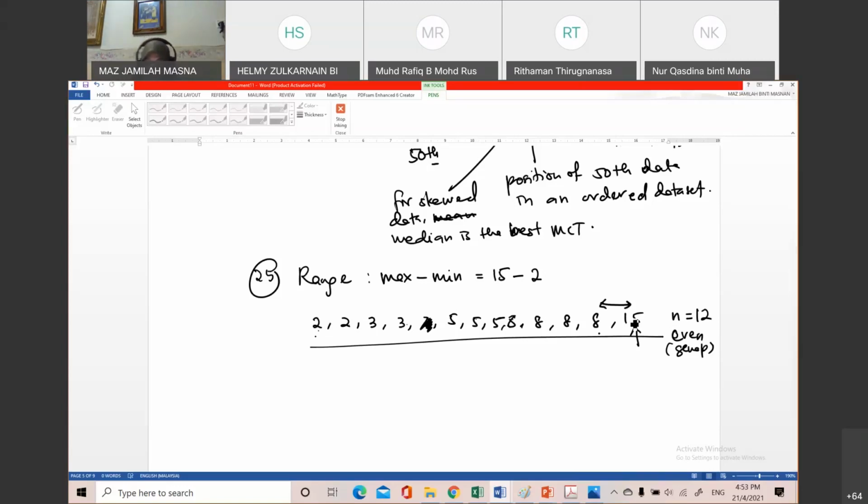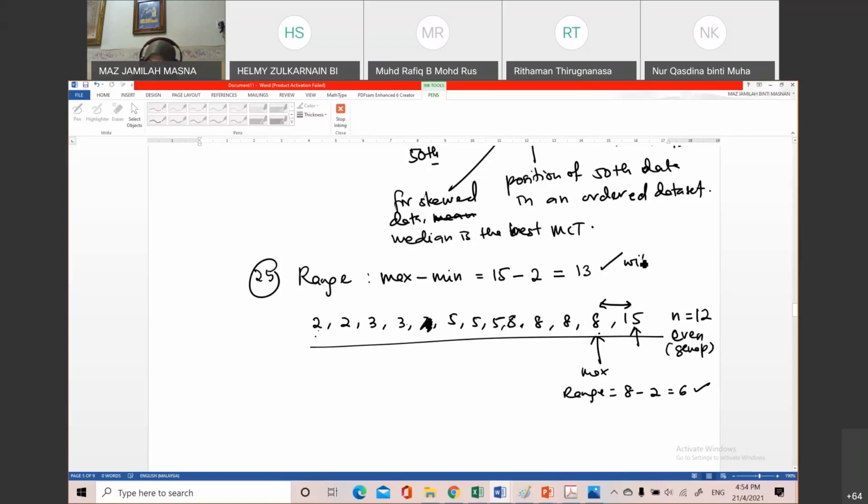So if you put 15 as your last or maximum value, you will get your range as 13. What happens if your data ends with 8, let's say this is your last value, the maximum value? Your range will be 8 minus 2, you got 6. You see how big the difference is between with outlier and without outlier.